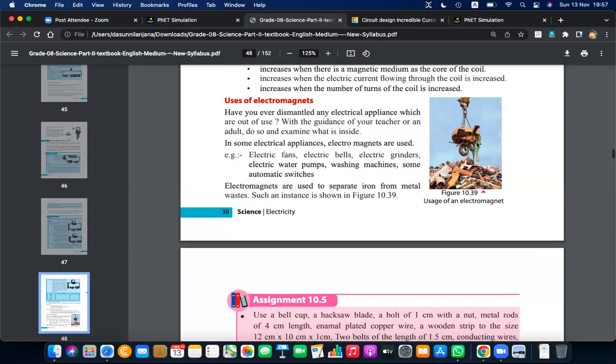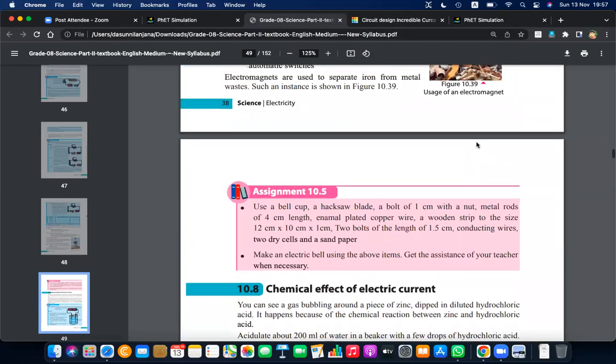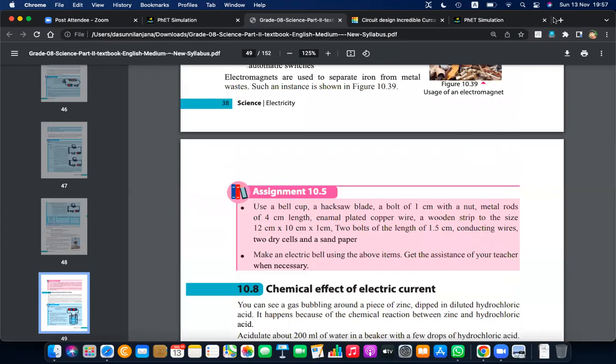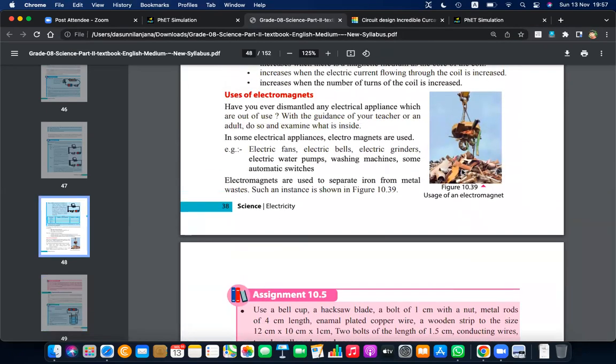And also, I don't know whether you have seen the fish tank cleaner. It's not an electromagnet, it's a magnet, but you can still use an electromagnet. Electromagnets can be used in motors, in a dynamo, in electric fans, bells, grinders, washing machines, most of the electronic equipment with this motor effect.